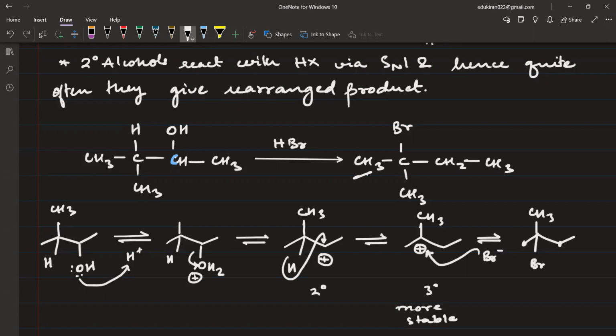Then we have CH2, and then we have CH3. Please write this down. So this shift of hydrogen is known as 1,2 hydride shift. Okay. We will do one more example in which there will be methyl shift.